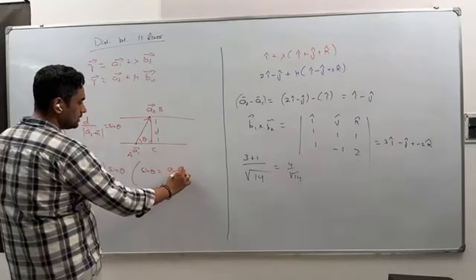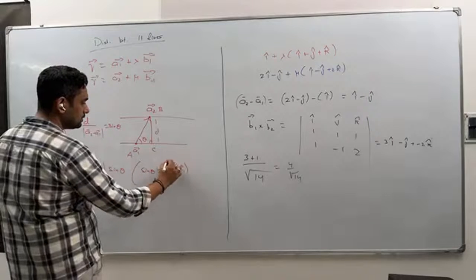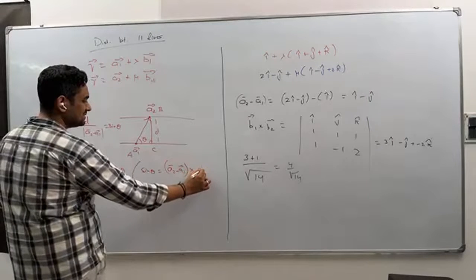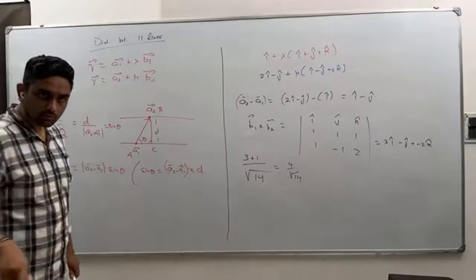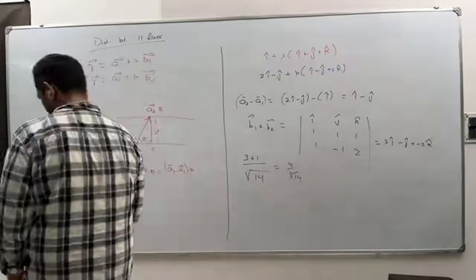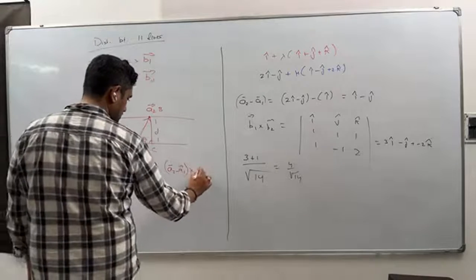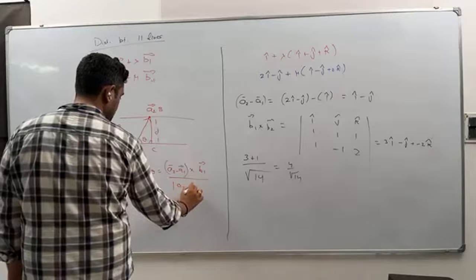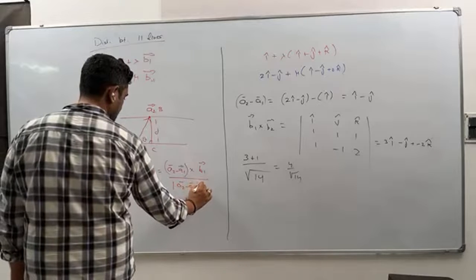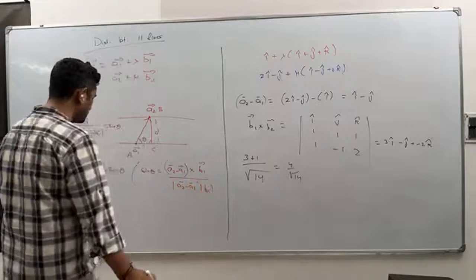That is A2 minus A1 cross B1 by its mod, like mod of individually. This is what we'll get.